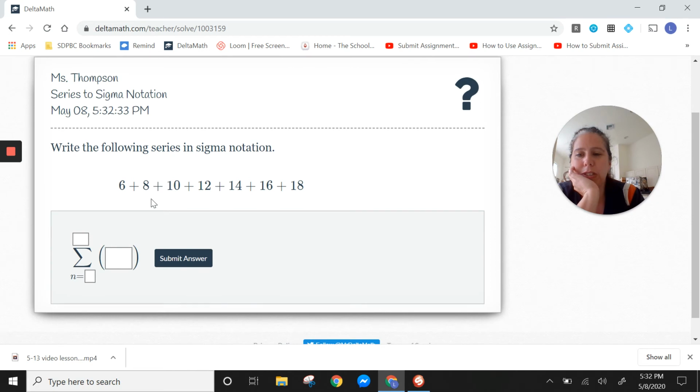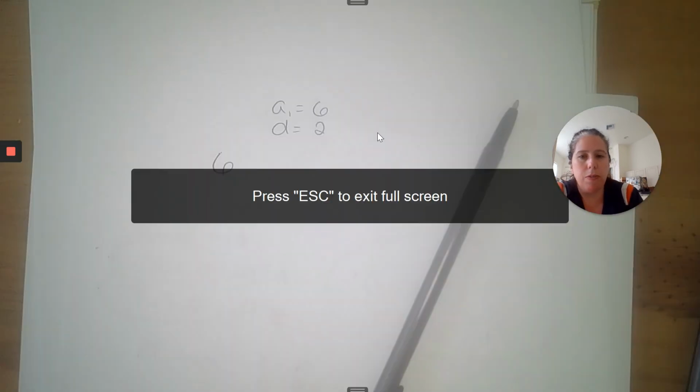Okay, so we give you this one, 6, 8, 10, 12, 14, 16, 18. So from 1 to 1, 2, 3, 4, 5, 6, 7. So the first term is 6, and the change is 2. So A1 is 6, the change is 2. Let's jump over here so you guys can see the work.